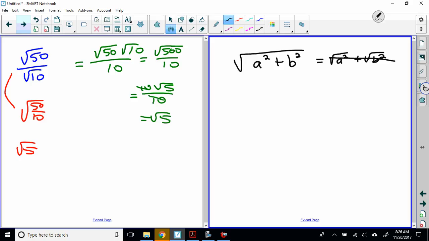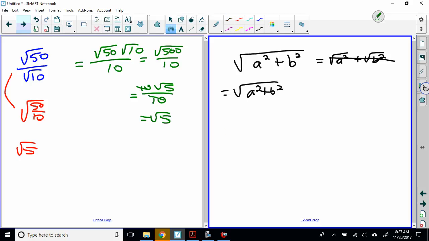No, it's not. I don't know if you remember in geometry when you did the distance formula, how you couldn't really simplify it. Same thing. The square root of a squared plus b squared is just the square root of a squared plus b squared. You really can't simplify it. There's no rules to say that we can split those apart. Does that make sense? Maybe it does, maybe it doesn't.